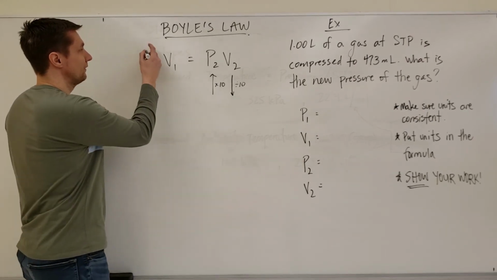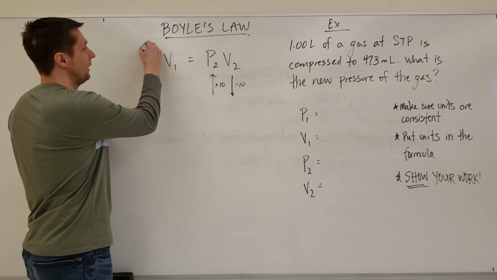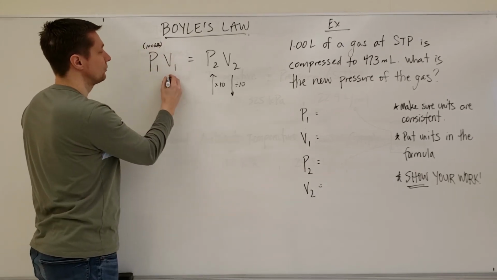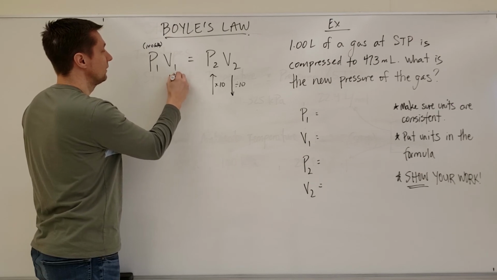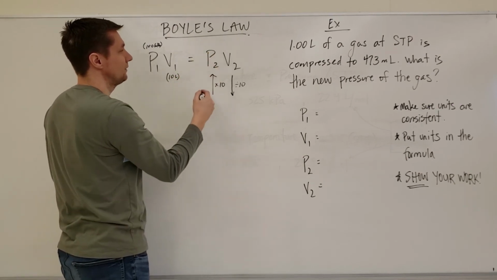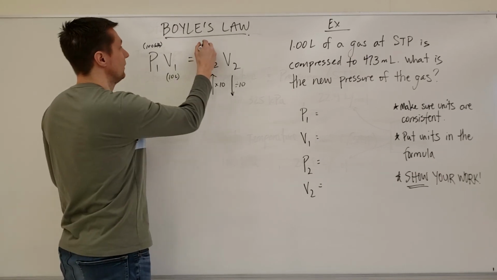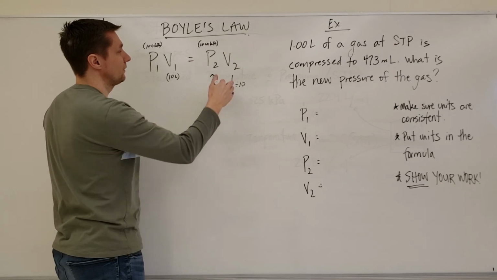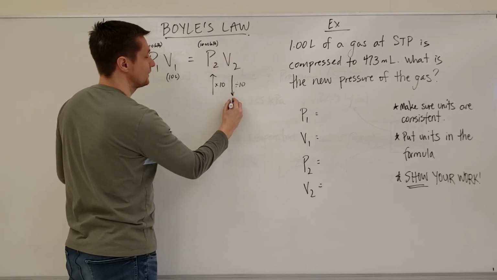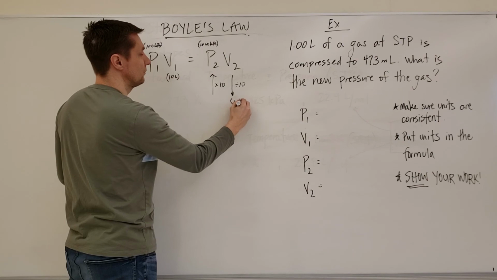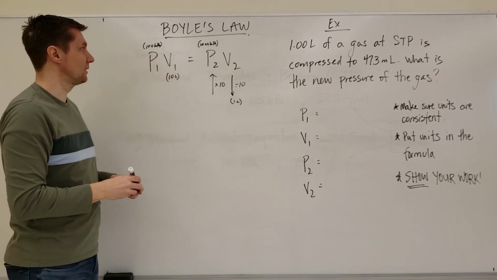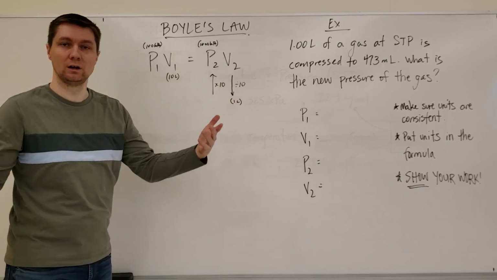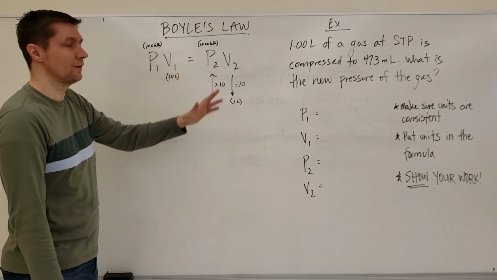So for example, if the initial pressure was 100 kPa and the initial volume was 10 liters, and the pressure of that gas went to 1,000 kilopascals, then the volume is going to go down by a factor of 10, so it will be 1 liter. And this makes sense: 100 times 10 equals 1,000, and 1,000 times 1 equals 1,000. So this is how this formula works.